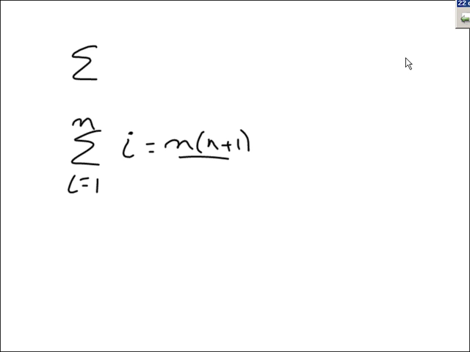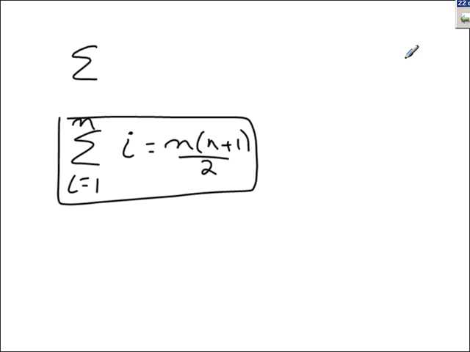Okay, I'm going to finish off this section by putting the formulas in one location. I might list the first one that I said shouldn't be. If you have the summation as i goes from 1 to n of i, this is n times n plus 1 over 2.